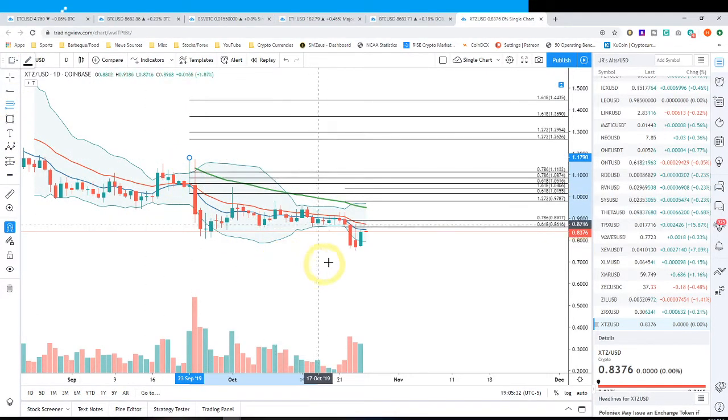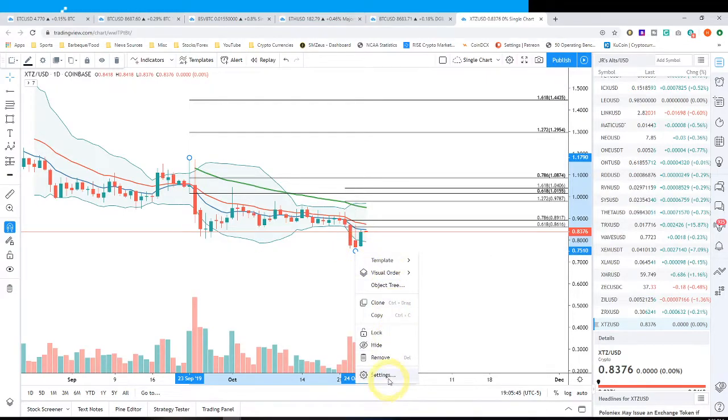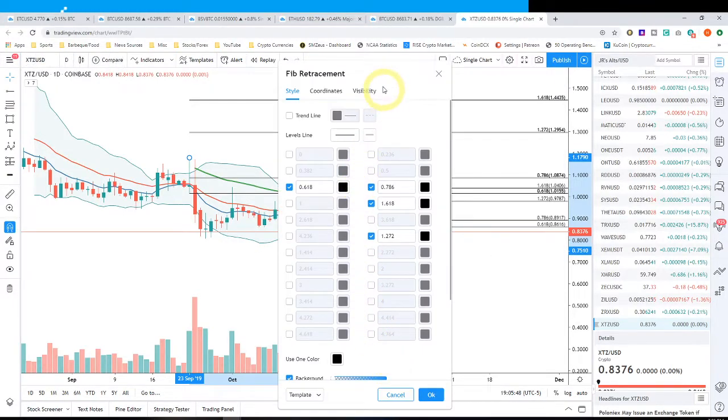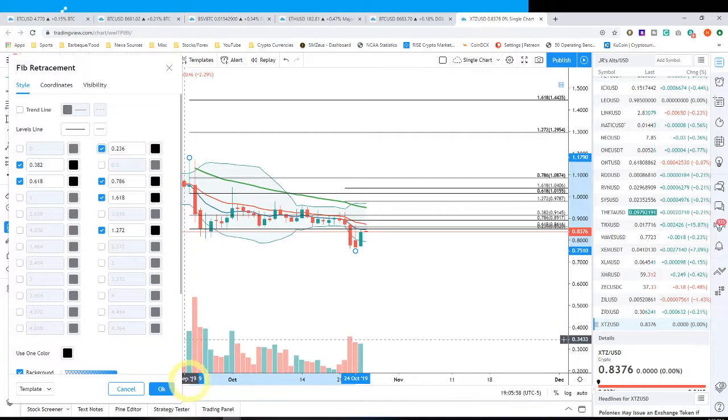Let's go, there we go. All right, that low to this high over here, okay? Let's see if anything lines up. I'm going to have to go back and put in some of the ones I took out. Let's go 38.2, 23.6. All right, and there we go.